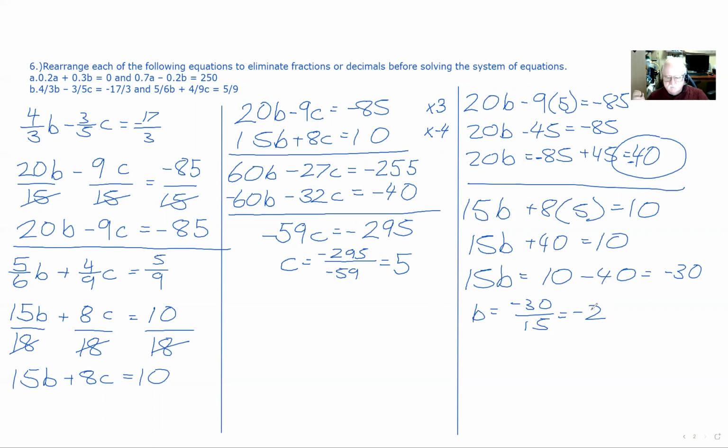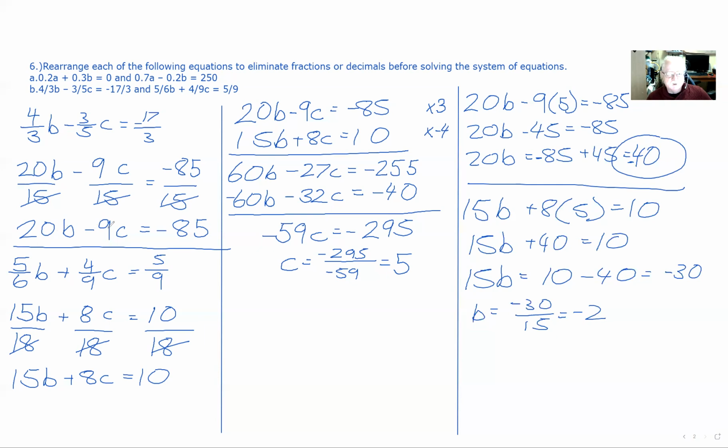Let's go back and figure out what we did wrong here. Start right at the beginning. 20 over 15 is the same as 4 over 3. 9 over 15, negative 85 over 15 seemed to work.